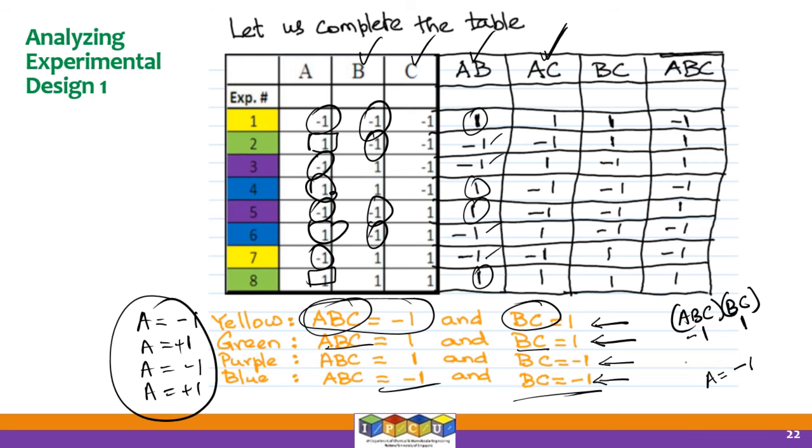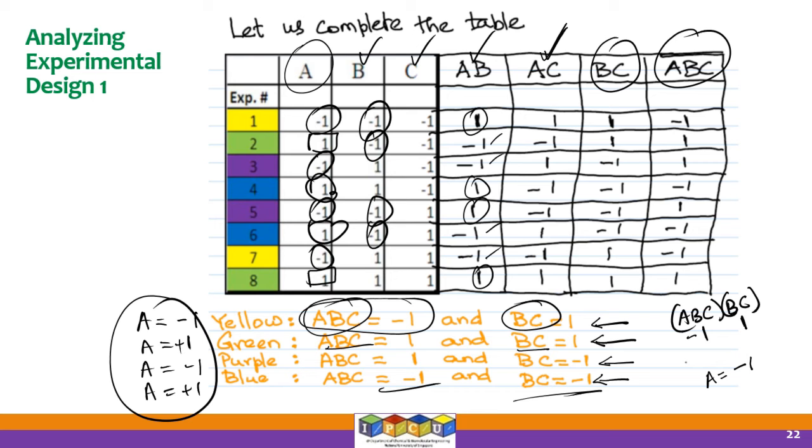However, when you look at BC or ABC or A, you will find it is very different from the other four columns. That means these three things are confounded. The effect for A, the effect for BC, and the effect for ABC are all confounded with the skill level of the operators or the scientists in this particular design.